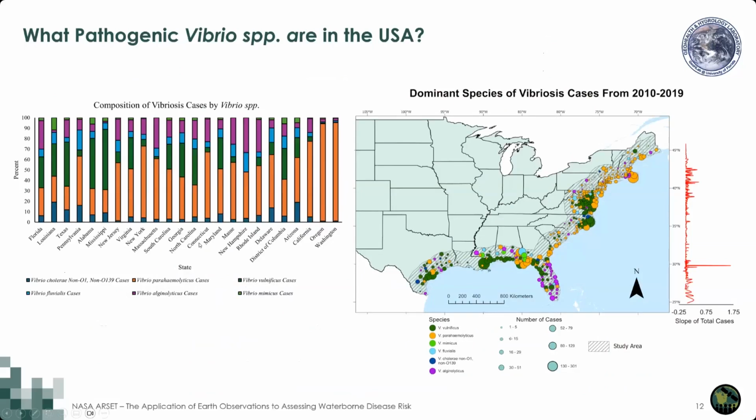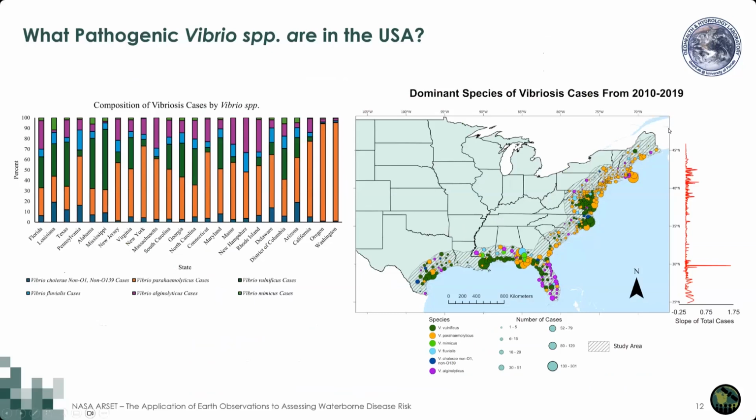And if we go north, Vibrio parahaemolyticus dominates the infection in human populations. On the right-hand side, you're seeing the types of species and the cases reported in and around the coastal locations of the US. This data goes all the way back from 2010 to 2019.